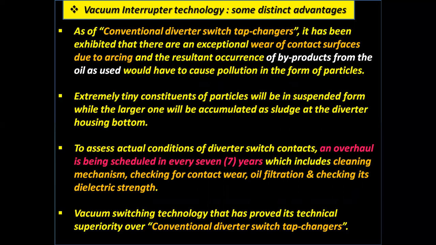Extremely tiny particles will be in suspended form, while the larger ones will accumulate as sludge at the diverter housing bottom.